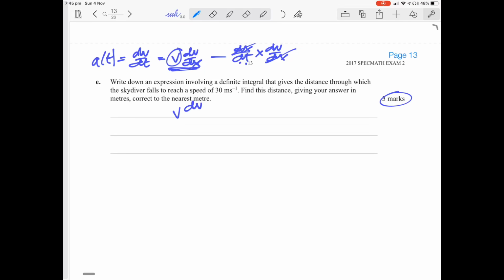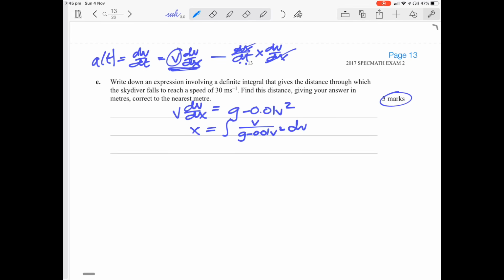Okay, so v dv dx is equal to g minus 0.01 v squared. So dx, or x, is equal to, divide that v across, flip it upside down, so v on g minus 0.01 v squared dv. Okay, so what do we want to work out? Find the distance, giving it to the nearest meter.